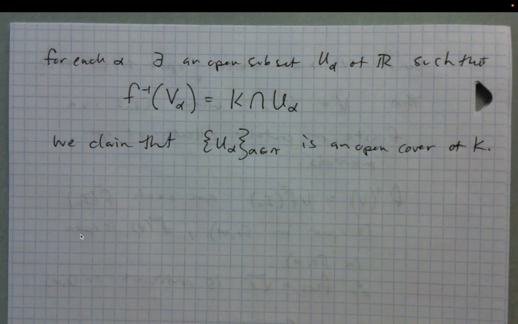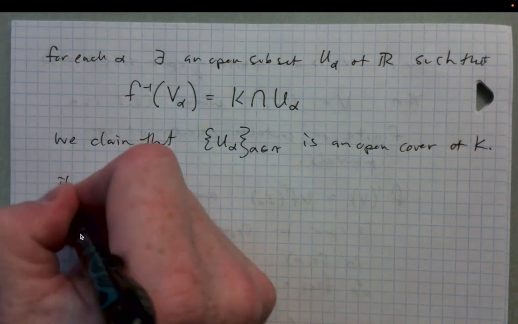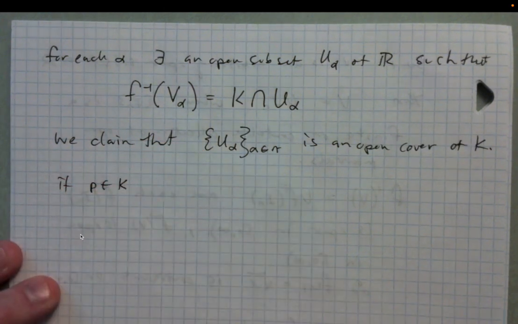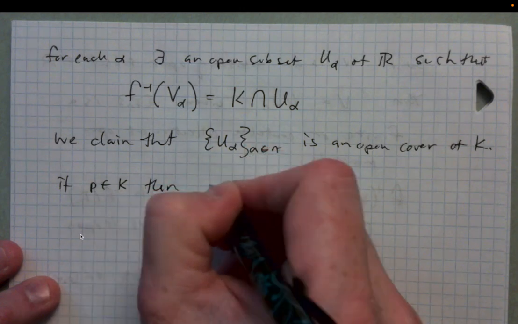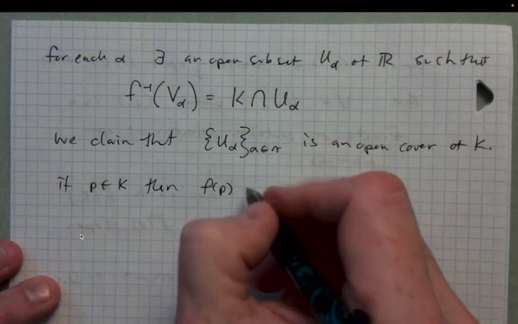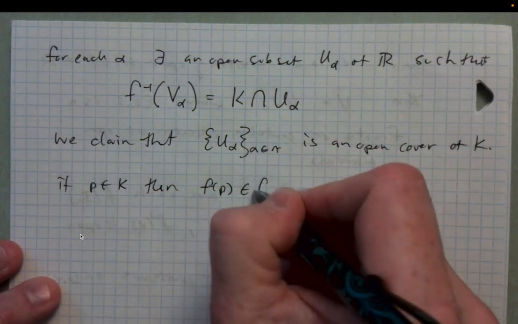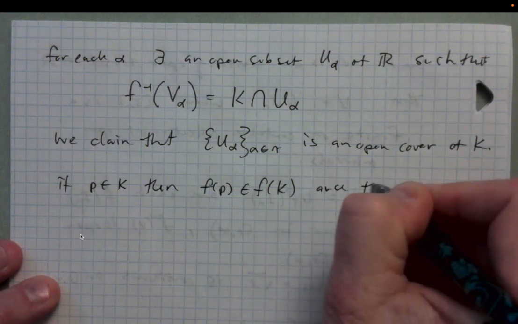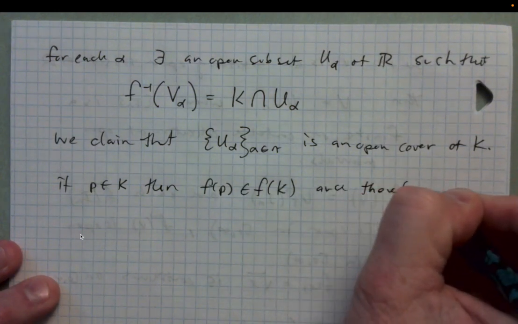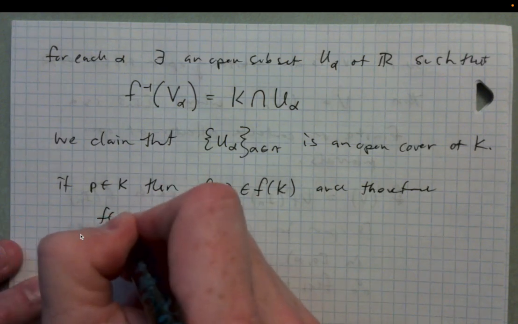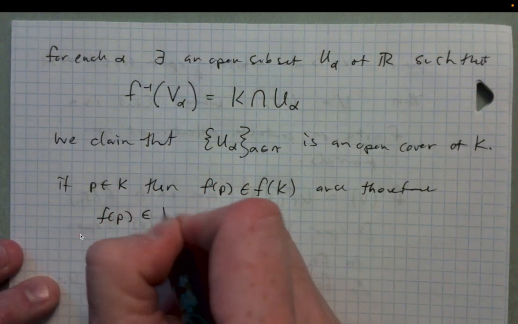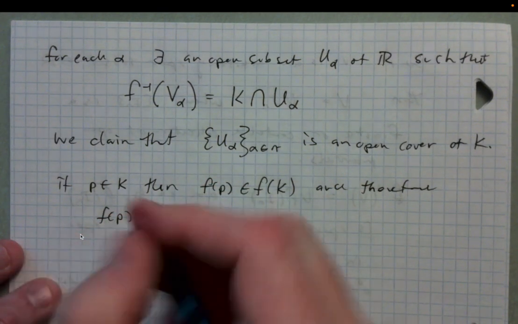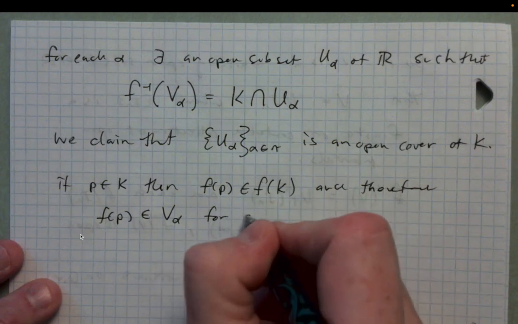And let's see this. So if p is in K, then f of p is in f of K, naturally. And thus, therefore, f of p will have to be in V sub alpha for some alpha in A, right? For at least one of them.